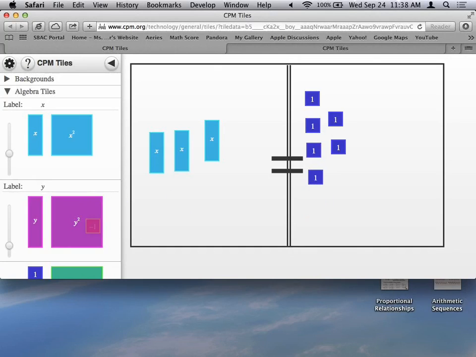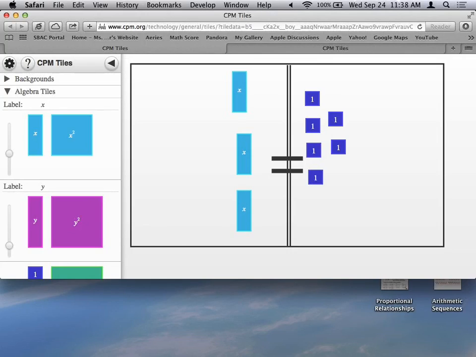And so what we're trying to do with manipulatives here is we're trying to figure out how many of the unit tiles go with each of the x tiles. So how many of these unit tiles over here, how many of them would go with each x tile if you did it evenly? How many? 2 of them. So with this x tile, we have 2 unit tiles.